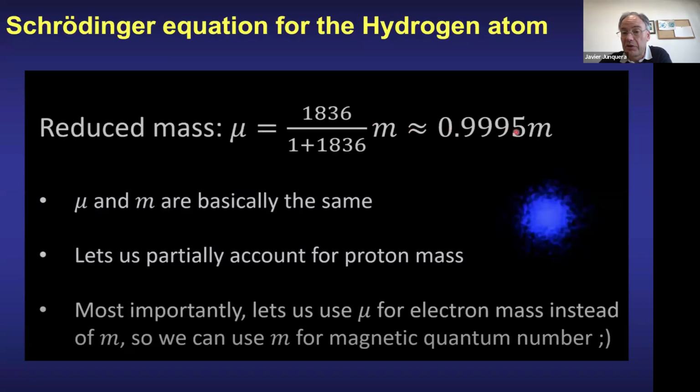As you see, the difference is only 5 parts in 10,000. And essentially, mu, the reduced mass, and the mass of the electron are basically the same. And this helps me to make the notation simpler, because I'm going to use this m symbol for another quantity afterwards.